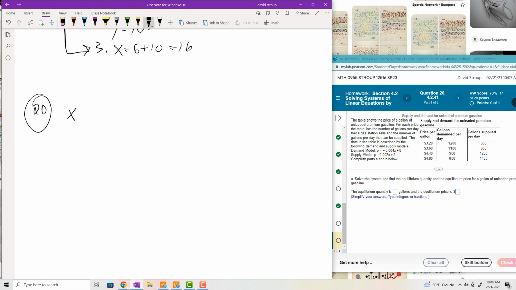So P is going to be the amount supplied or demanded, the number of gallons supplied or demanded. And then X must be the price. Okay. Price per gallon.